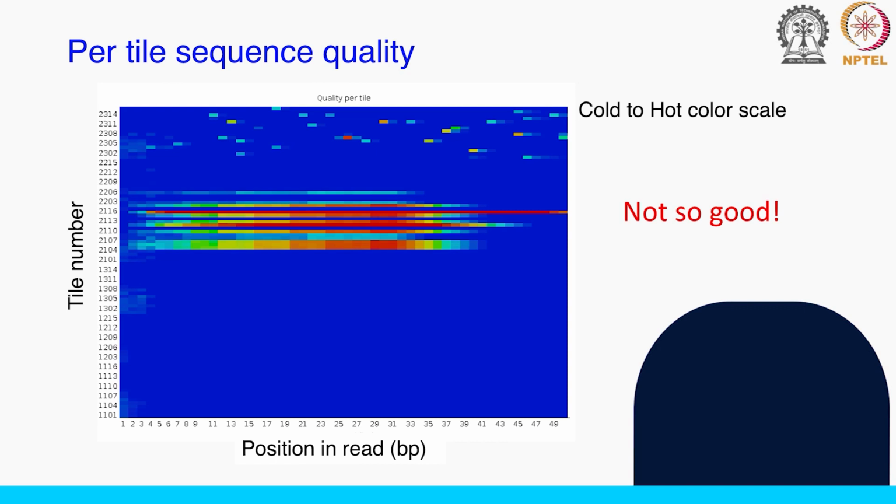This will tell us something: maybe there is some sort of issue with the flow cell, in those regions there might be, let us say, dirt or dust, which actually inhibited or hindered the signal detection process. So, this is something that is quite useful.